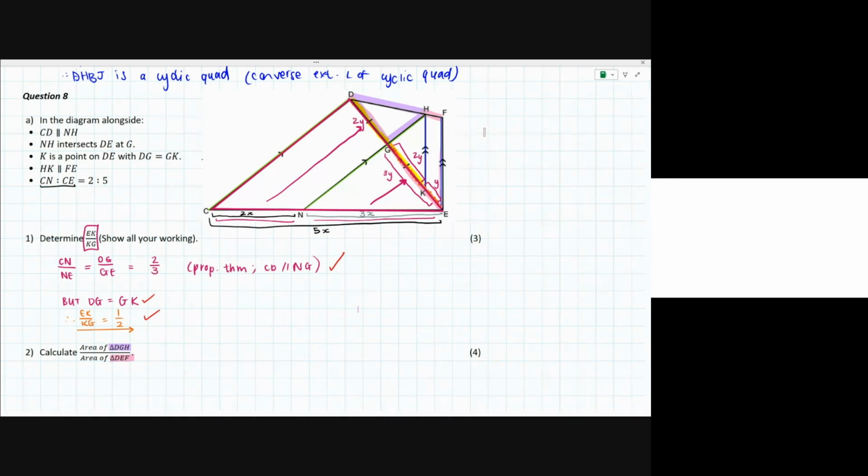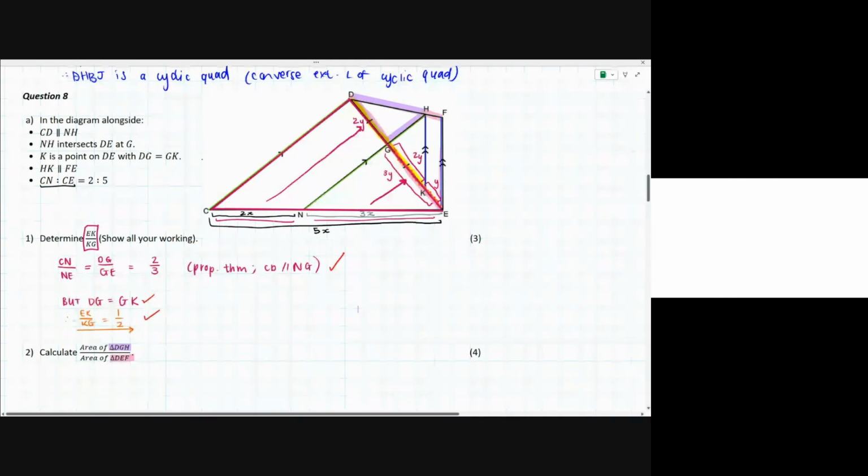Now, what you need to notice is that these triangles do not have the same perpendicular height. The same perpendicular height would be from F at a 90-degree angle. That's not consistent for triangle DHG. But what they do share is a common angle at D. So both of these triangles have a common angle at D, which means I'm going to have to use my area rule. Kirsten, before I carry on.